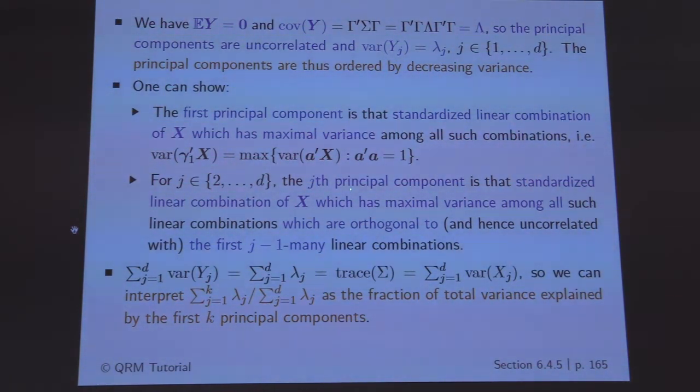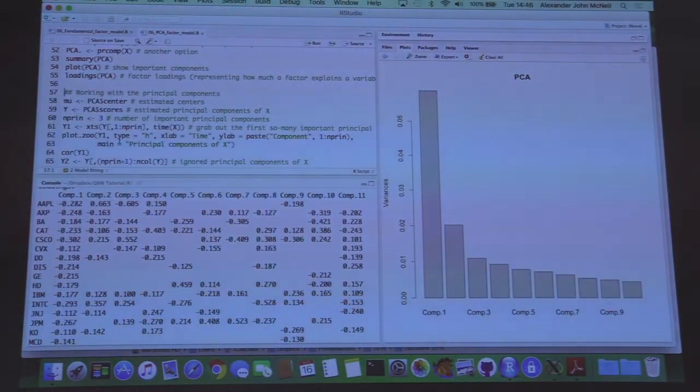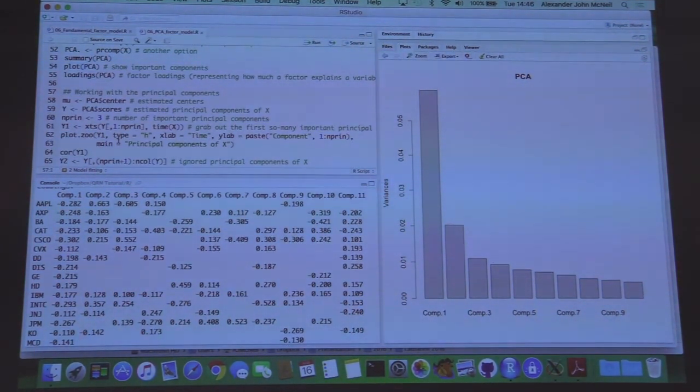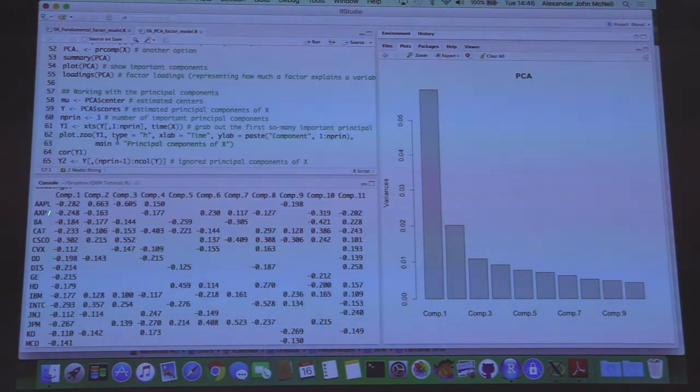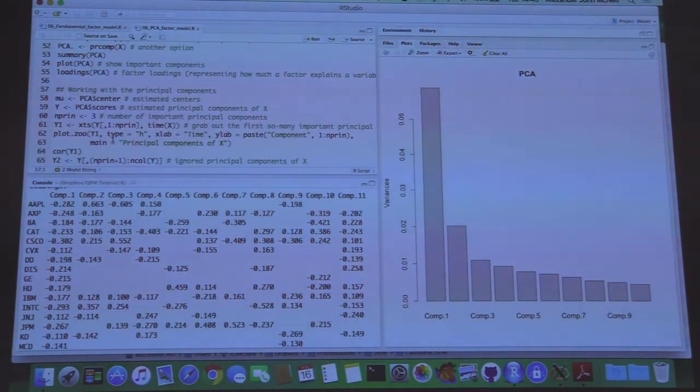And then from then on, the jth is the standardized combination, which has maximal variance among all linear combinations which are orthogonal to the ones before. So that's what they are. These are simply the eigenvectors of the covariance matrix.